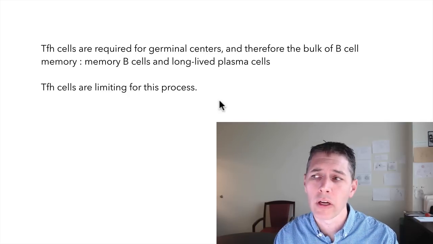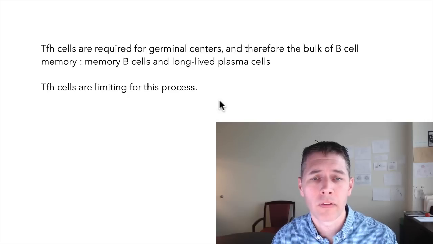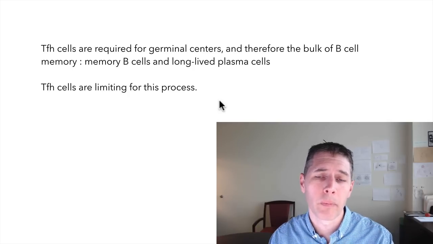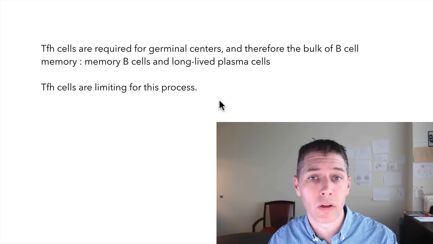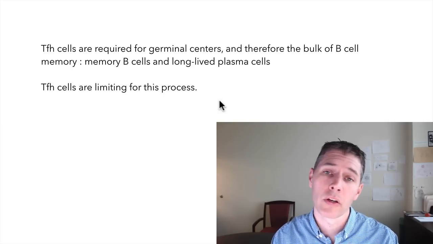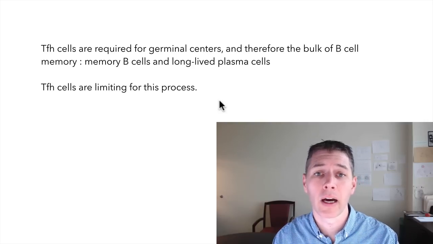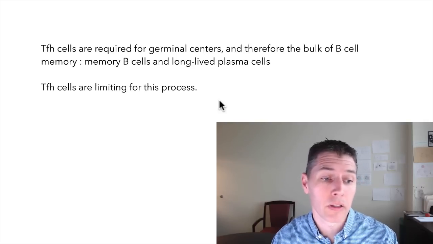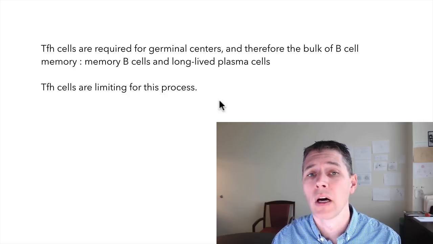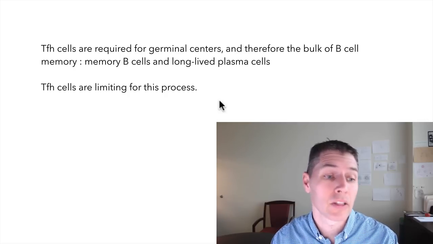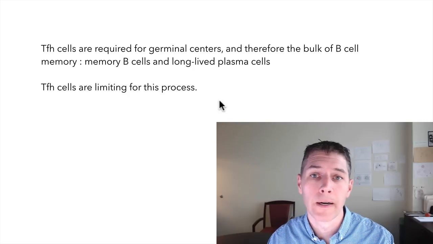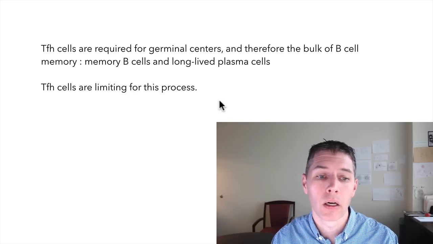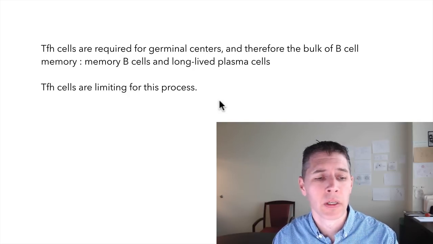And so not only are they essential, they are frequently limiting, and therefore from a biomedical perspective, that makes TFH cells of particular interest, because if one is interested in vaccine development and generating high-quality antibody responses, there's evidence that T-cell help, TFH cells, is limiting for that, and therefore enhancing TFH cell frequencies or function is a logical line of investigation to pursue.